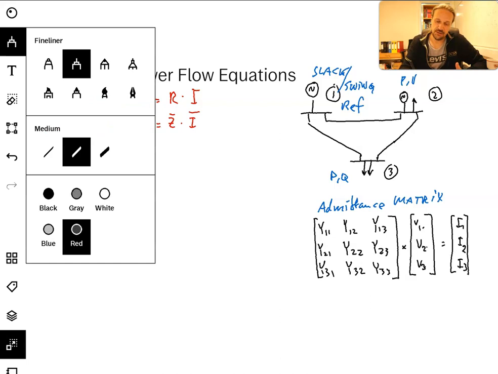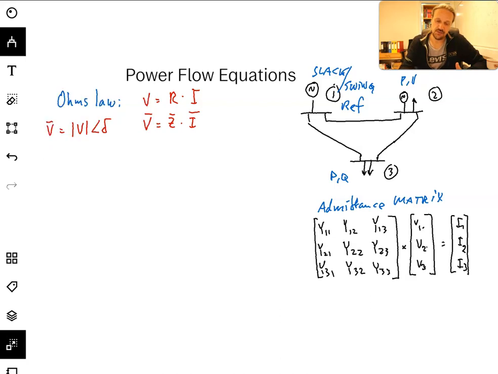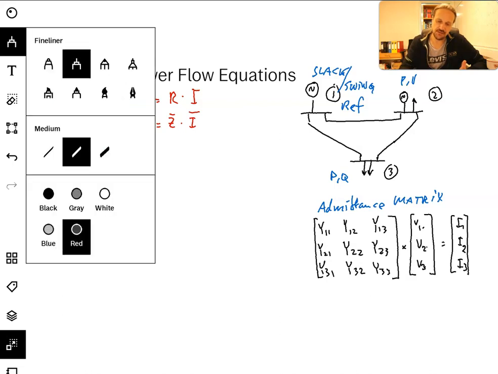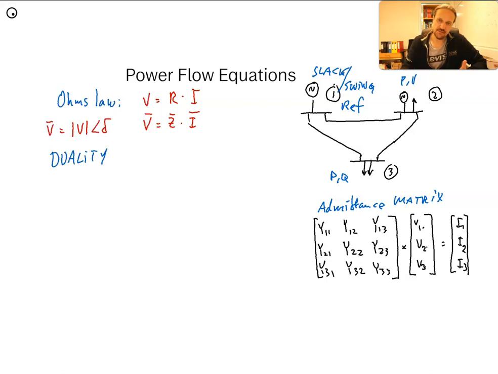And then we know something else here, that we can apply this principle or this law of duality, which again is stating that when we have impedance, we also have its inverse, which is the admittance, and that's how we derive this admittance matrix. So that's 1 over Z, or 1 over the impedance.